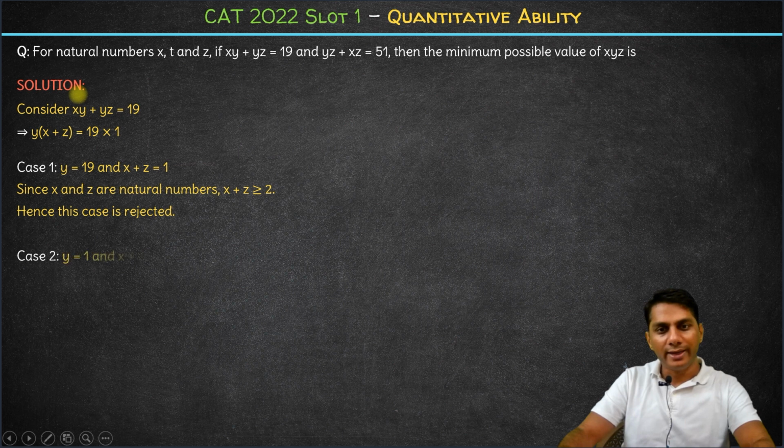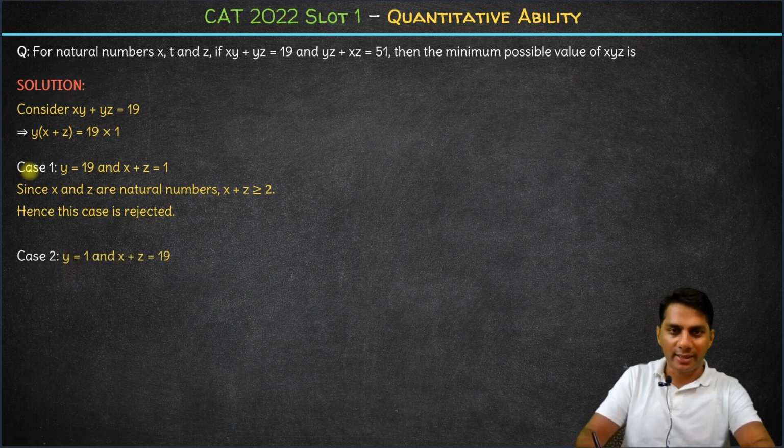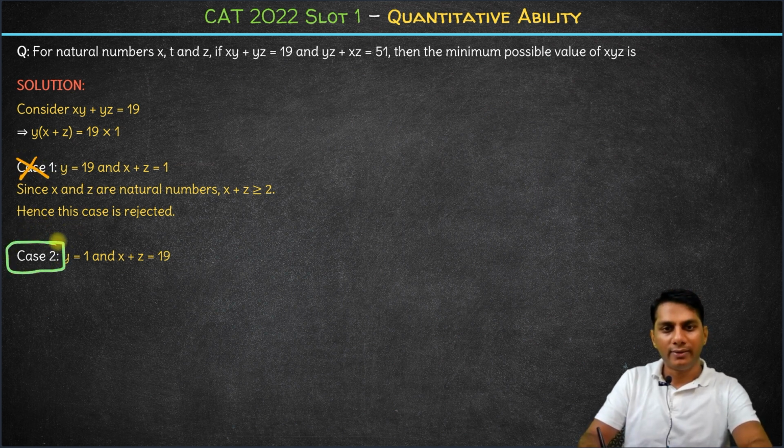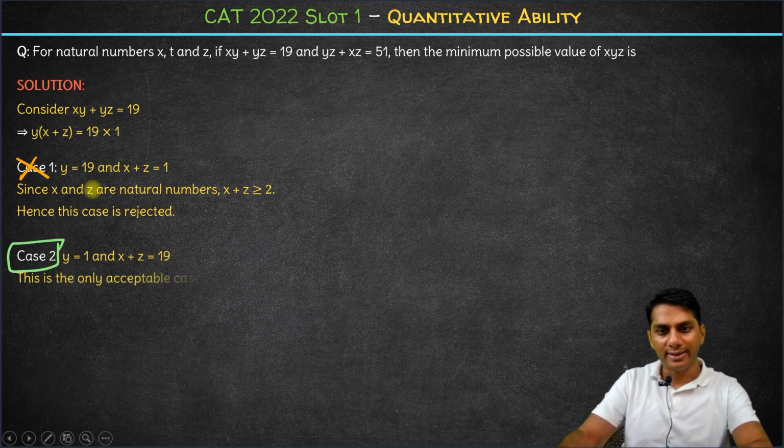So if x plus z is 19, then y is equal to 1. This is the only acceptable case. So we have y is 1 and x plus z is 19, and we'll keep this in mind.